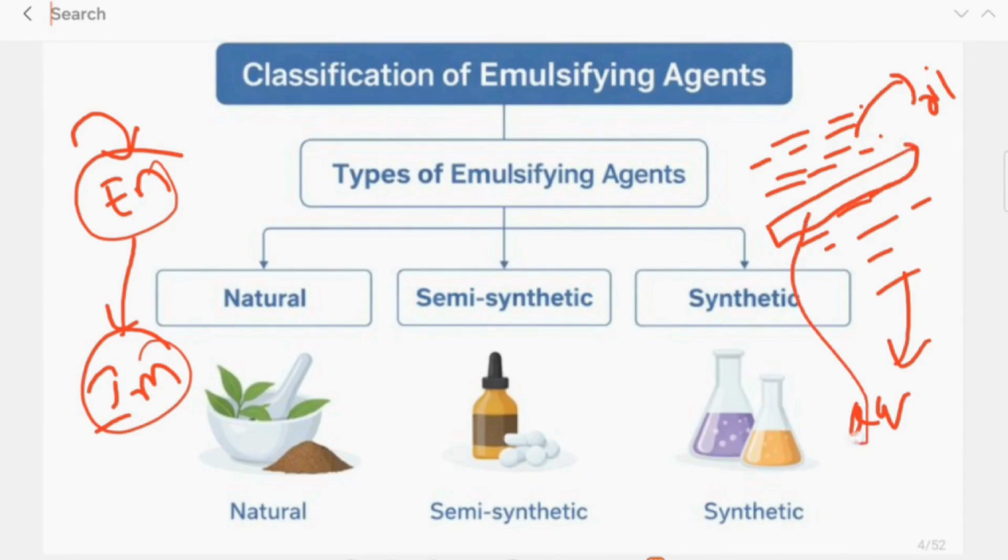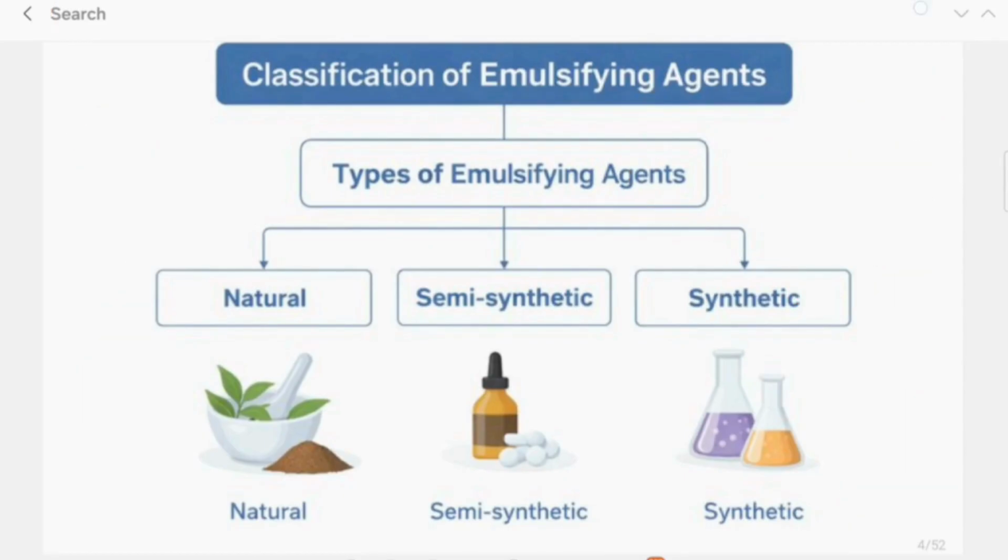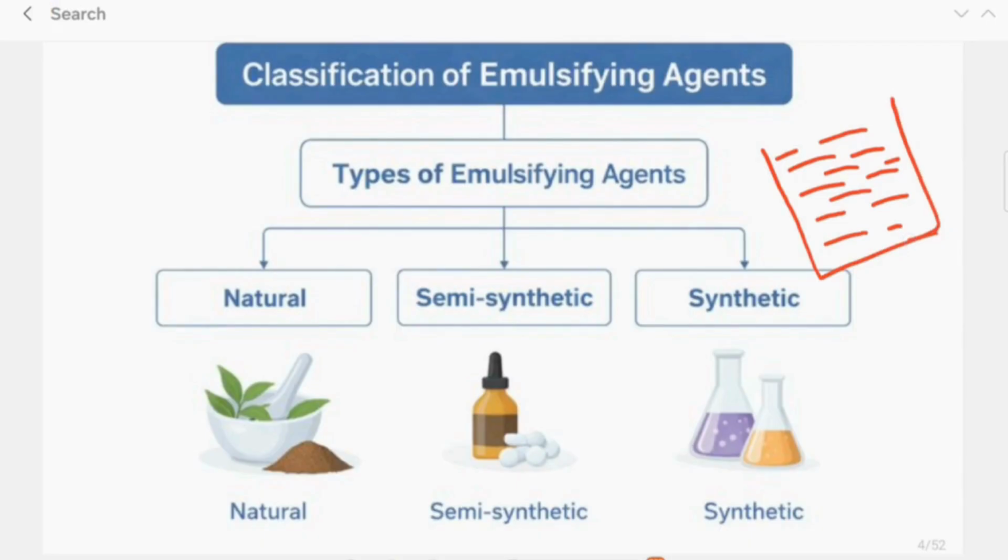These emulsifying agents reduce this surface tension, and they make the immiscible liquids into miscible liquids. Means they convert the two phase system into a biphasic system, reducing the surface tension, thereby forming a stable emulsion, so that it looks like a single system.